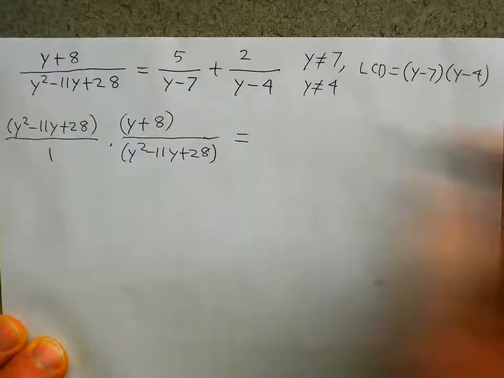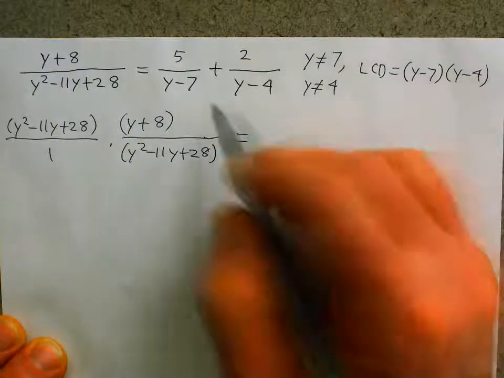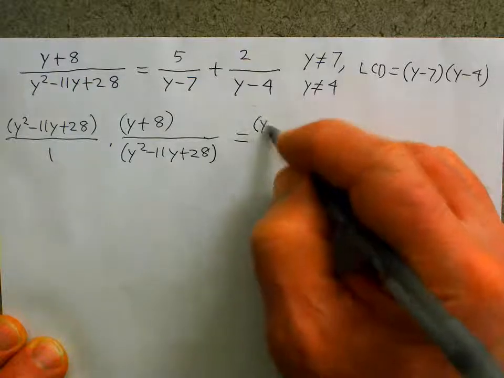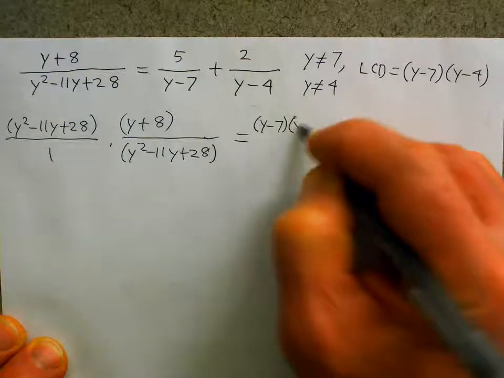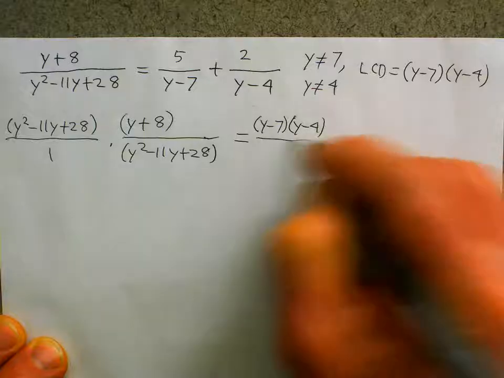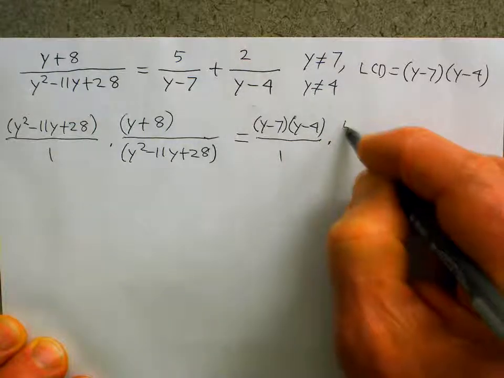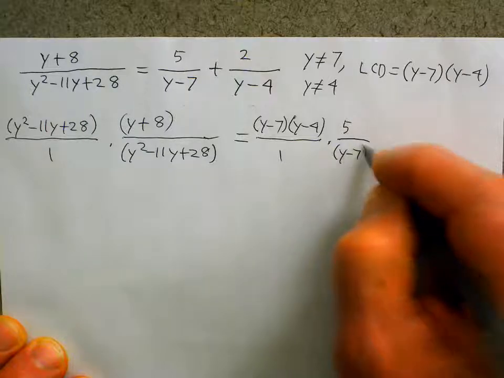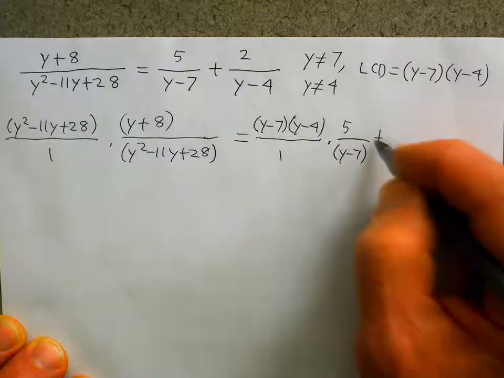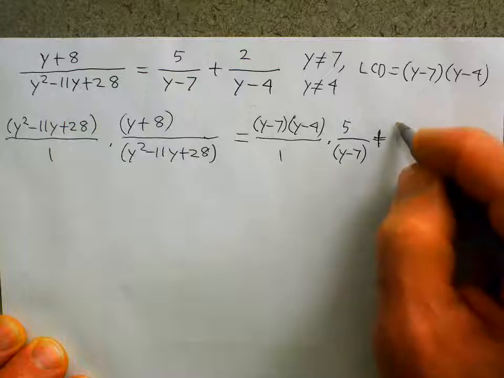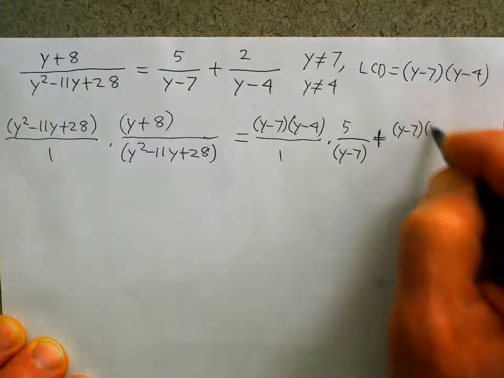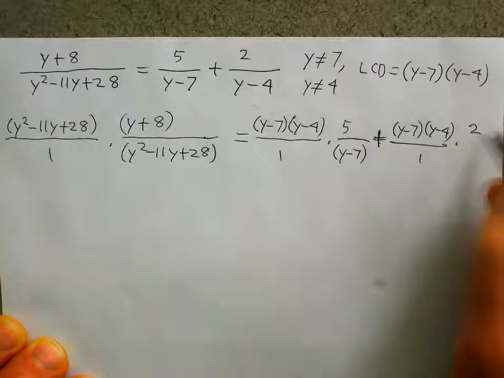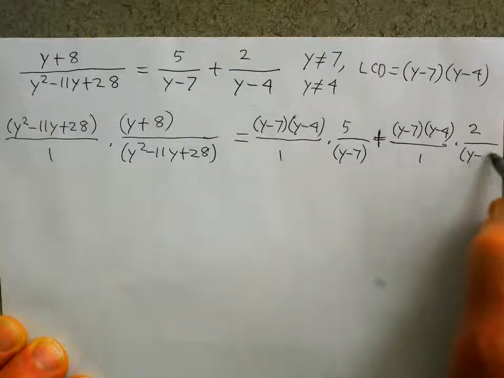On the right-hand side, multiply each of those terms by the least common denominator, y minus 7 times y minus 4 times 5 over y minus 7, and then also y minus 7 times y minus 4 over 1 times 2 over y minus 4.